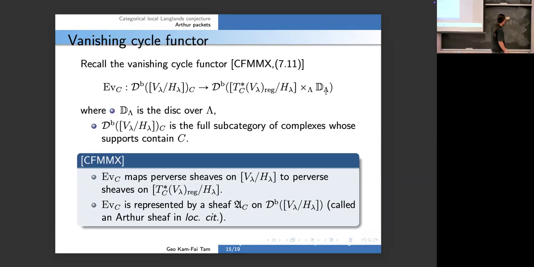You can still go through all the construction. I think formal spectrum, yes. This is crucial, is it? This disk product.